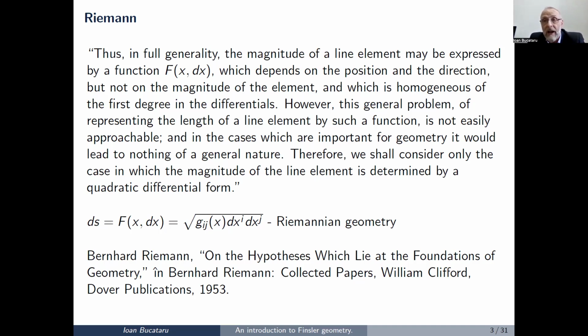So he was already aware that by that time it was not easy to study this problem. This is why he said he would consider only the case in which the magnitude is determined by a quadratic form, so this function is quadratic in dx.